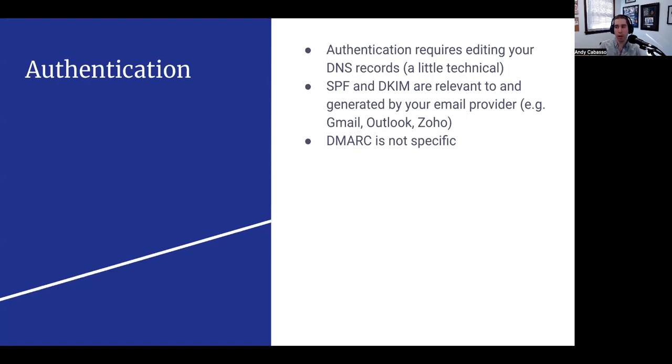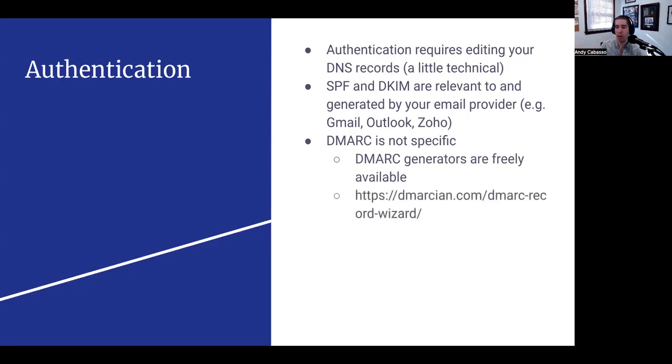But the DMARC record is not specific to any provider. You can just set it up yourself in your domain. And there are DMARC generators on the internet, but I'm just going to show you some examples of these so that you know what these all look like. And this is just an example of a DMARC record wizard.